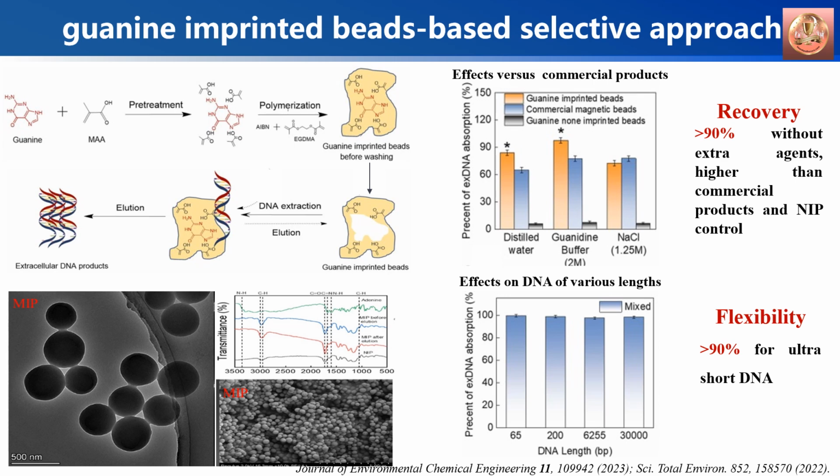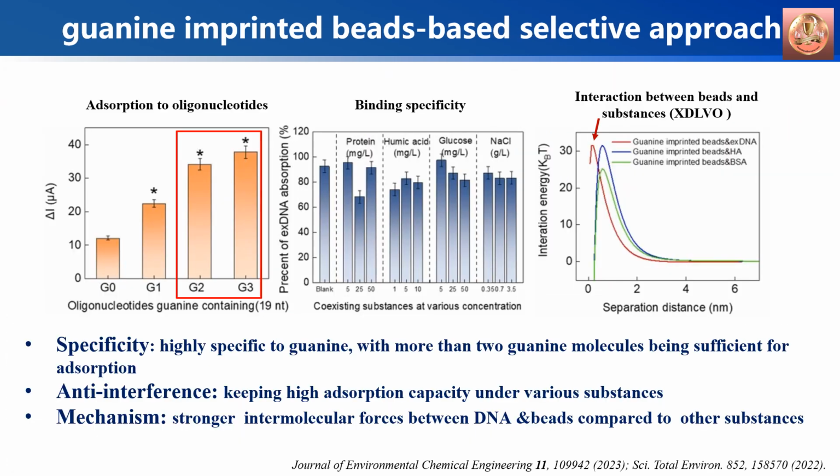And we also test the flexibility on various lengths of DNA, and it works well on all kinds of lengths of DNA. It also performs well in the presence of coexisting substances like protein, amino acids, and so on.